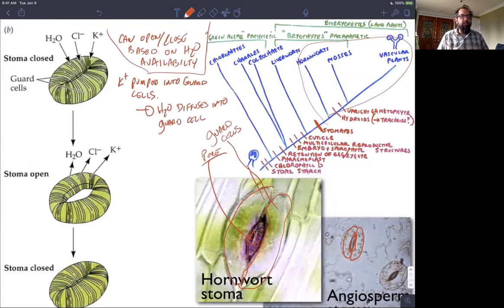When water goes into the guard cell, that cell becomes turgid.